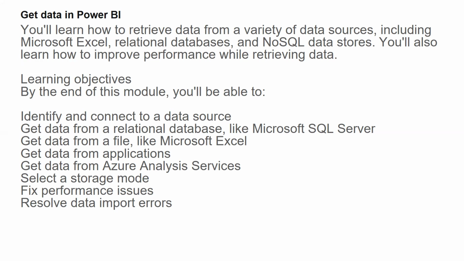Then also learn how to get data from a file like Microsoft Excel, then get data from applications. Then you are also going to learn to get data from Azure Analysis Services, then select the storage mode, then fix performance issues. Then you also need to look into resolving data import errors, right?